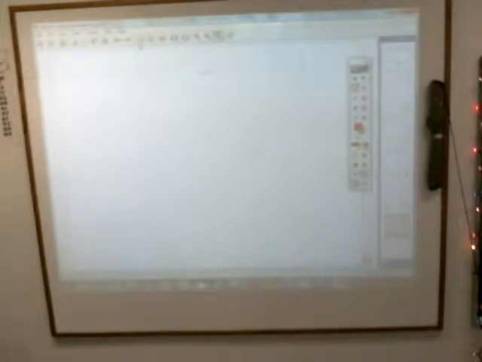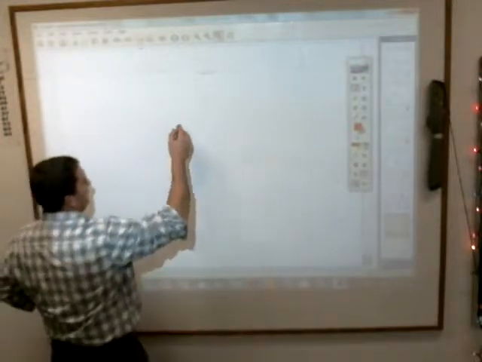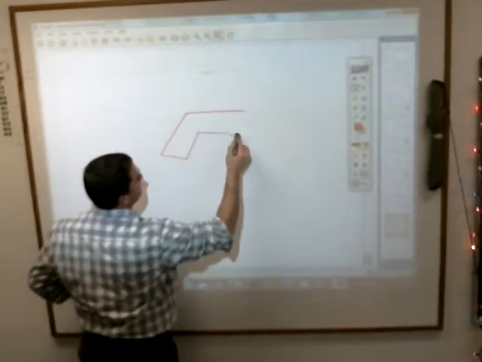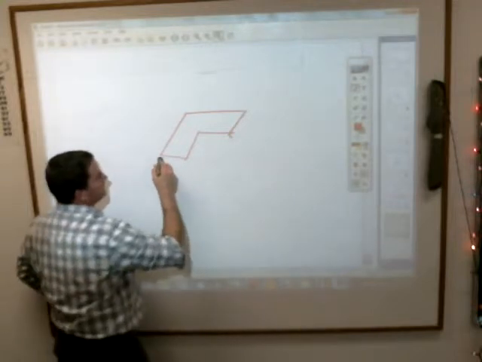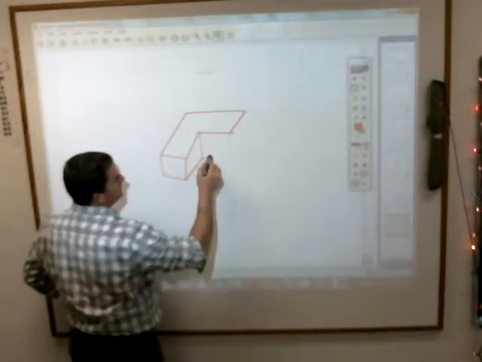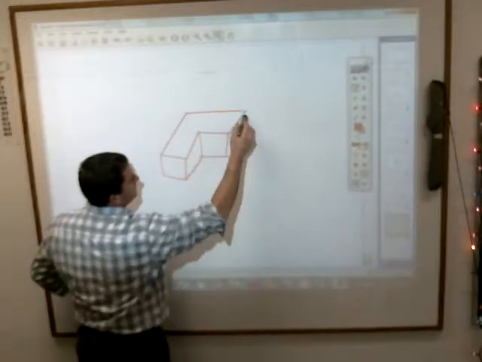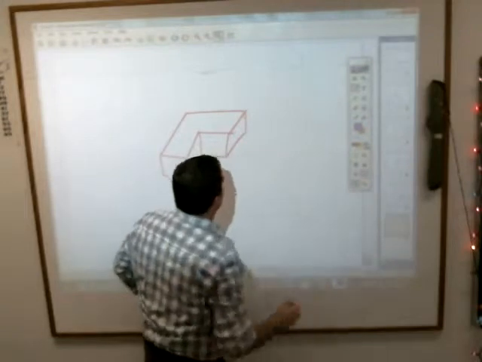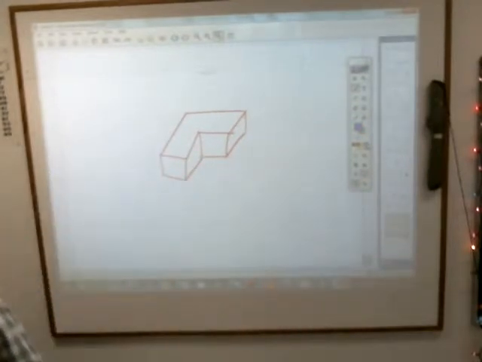Which is a goofy sort of thing. Draw this one here, and then we'll talk about it. A little L-shaped figure. You get a decent drawing here. Can you draw that?